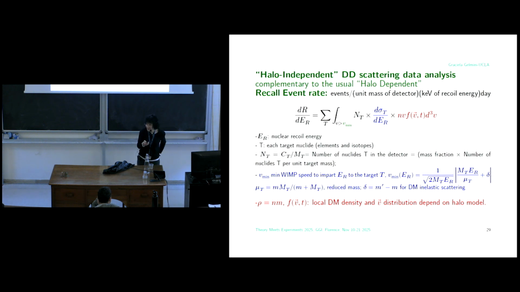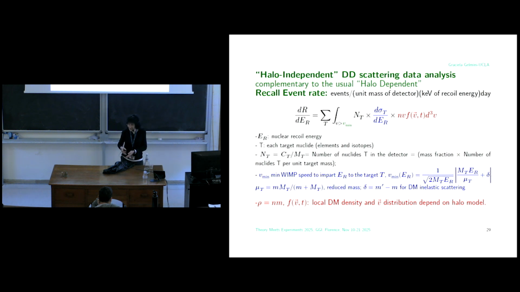Should we actually try to elucidate, instead of assuming a halo model, if we ever have a signal, what the actual halo is? And this is the idea behind a halo-independent analysis. And the two are complementary. So what you would do is to assume a halo model, something reasonable, let us say.